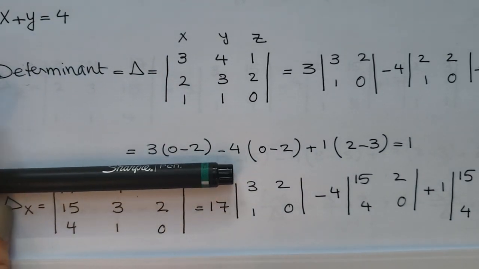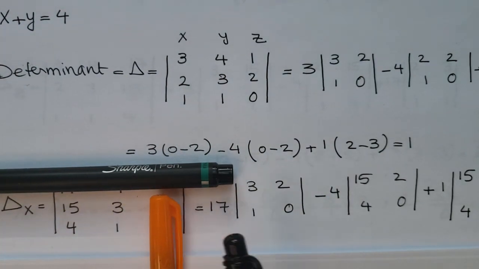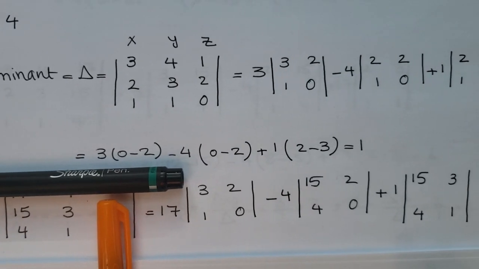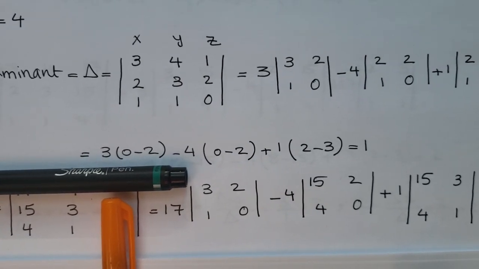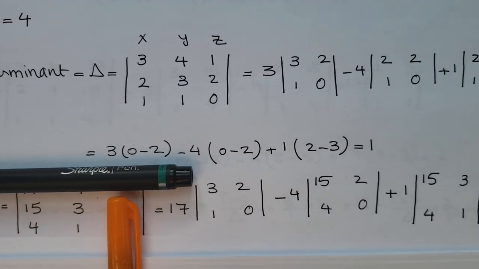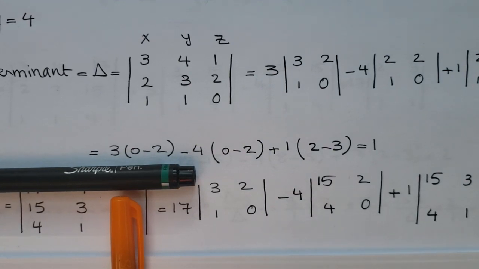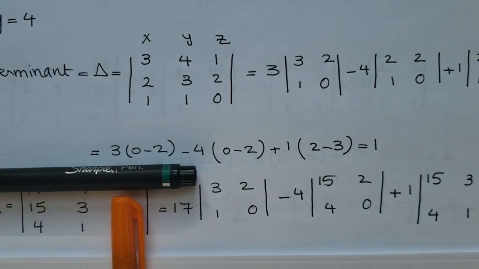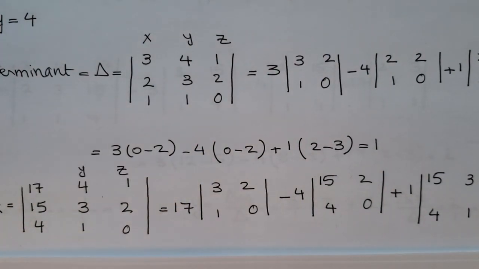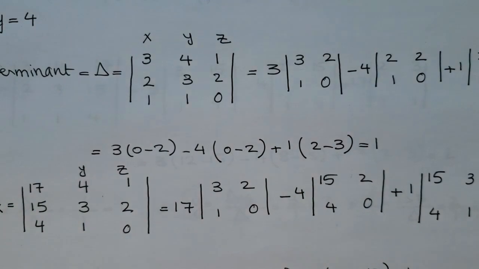If I eliminate the first row and third column, I am left with 15, 3, 4, 1. Once more, a 3 by 3 determinant is broken down into three 2 by 2 determinants, and then we find each 2 by 2 determinant value separately, do the calculation, simplify, and find the answer.